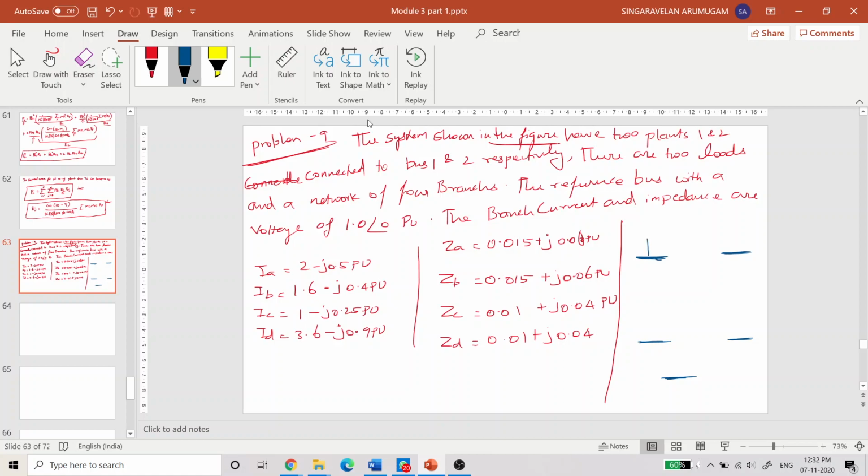This is generator 1 and this is generator 2, and here it is I1 and here it is I2.